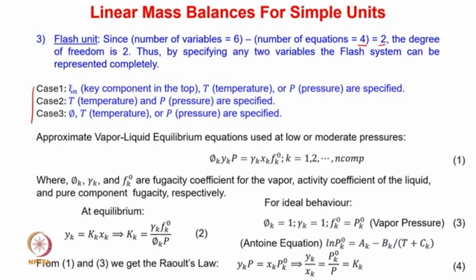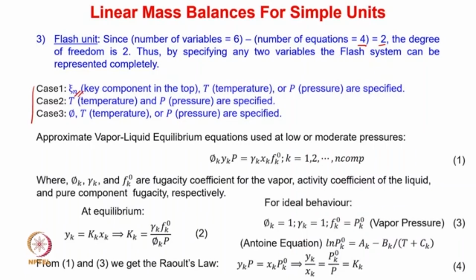So now there are different ways in which we can select 2 variables here, isn't it? Based on that there are 3 cases. Case 1 is we can fix zeta n. Zeta n is the split fraction with respect to the vapor recovery.